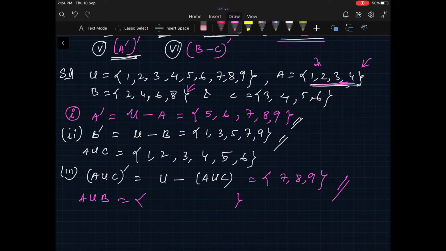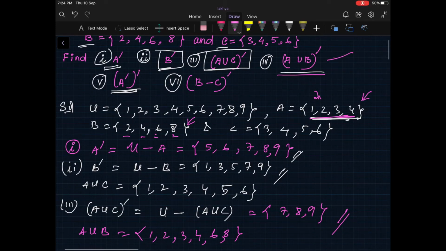A contains 1 2 3 4, then B contains 2 4 6 8. So 1 2 3 4. Don't write the same element twice. Then B contains 6 8. So we have already discussed how to find A union B.